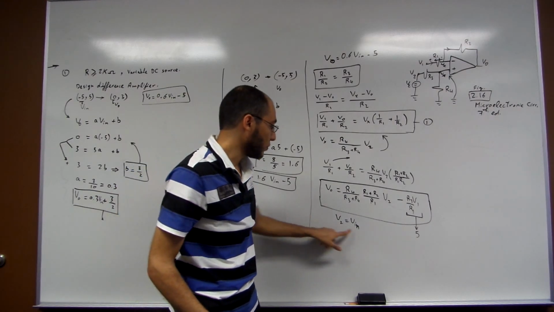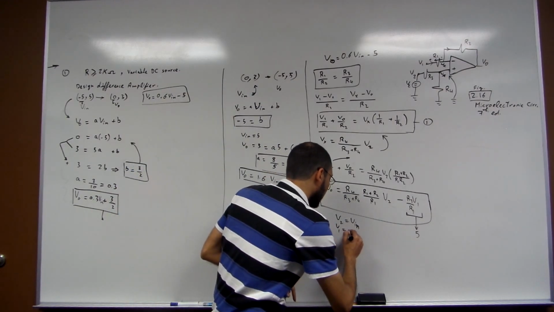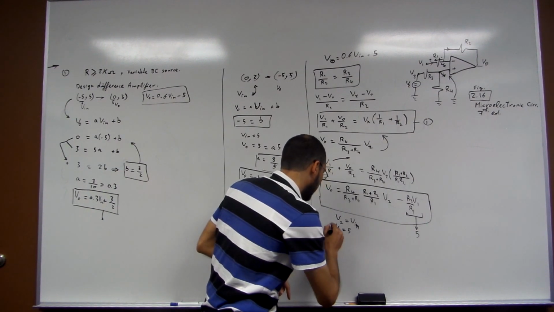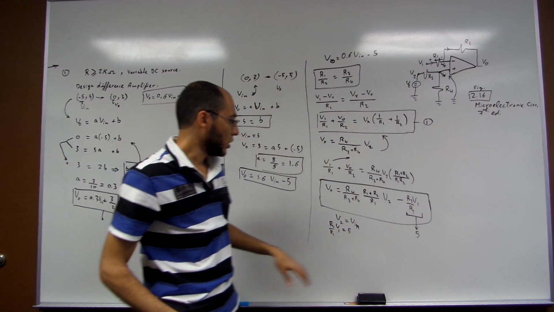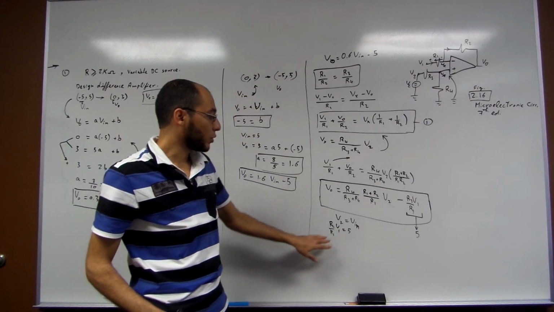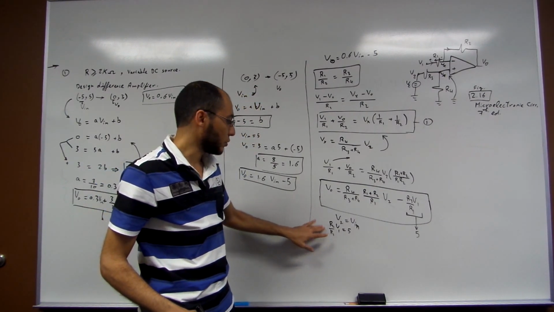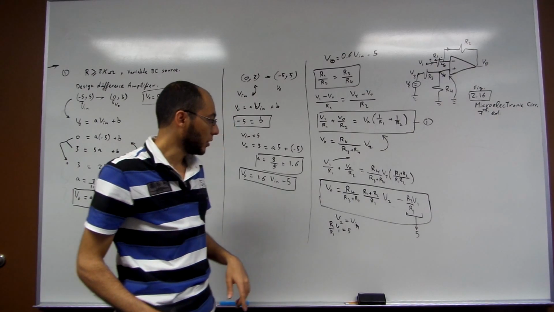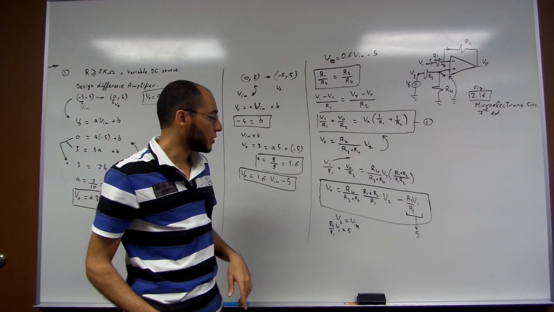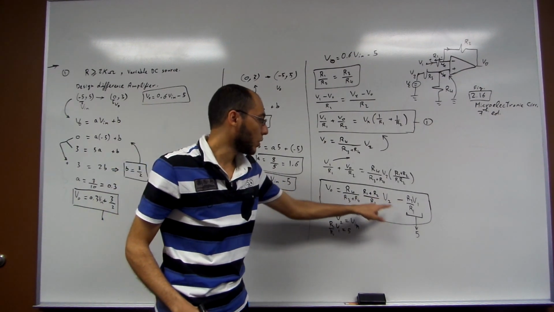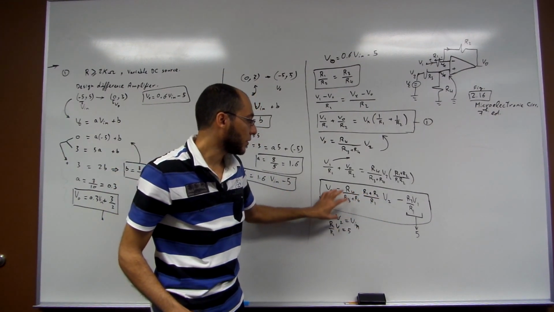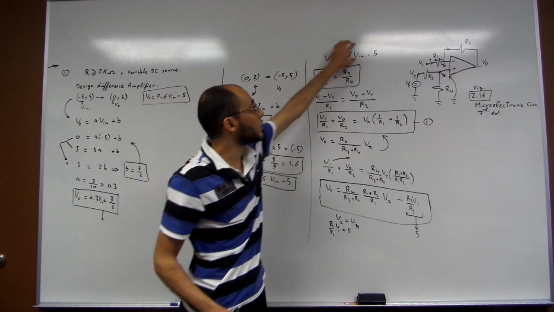Right now I've set V2 equals V input, and V1 multiplied by R2 over R1 equals 5 volts. So that's the value that will control the value of the DC source. I'm going to solve for V1 in a moment. Right now I'm going to choose the values of R2, R1, R3 and R4 such that this whole thing becomes equal to that.